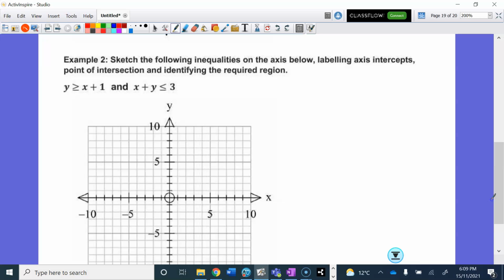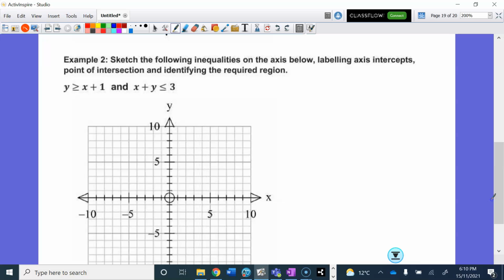It's the bit that's got 2 layers of shading on it. If you did a green section and a pink section, it's the bit that overlaps and has pink and green together. So 2 lots of shading is probably about as many as you want to be able to figure out which bit's the required region.